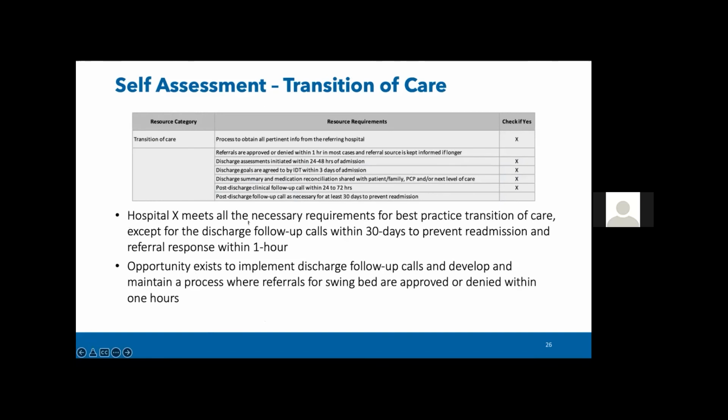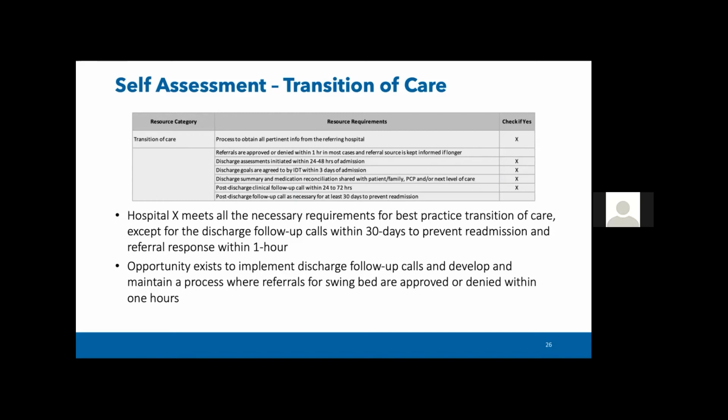And then this part of the self-assessment was around transitions of care. So there were some gaps, certainly, in their transitions of care and their discharge follow-up phone calls that would prevent any readmissions. And then their referral response time.